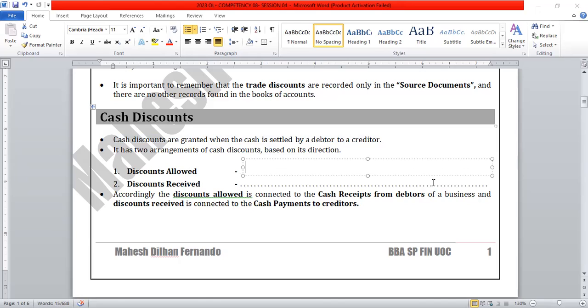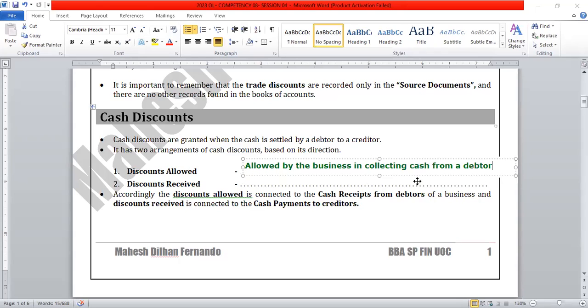Discounts allowed is a discount allowed by the business in collecting cash from a debtor.